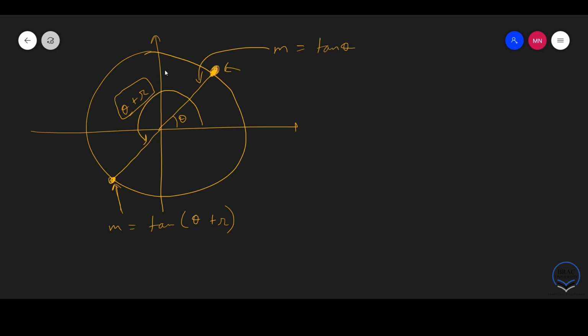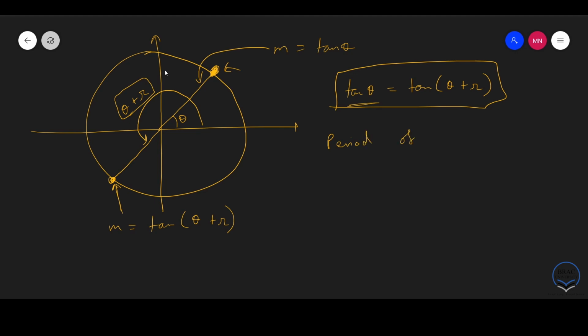So the terminal points of these two angles that differ by pi will have the same tangents, right? So from this we can determine that since the tangent of theta is equal to the tangent of theta plus pi, for all values of theta for which tangent of theta is defined, the period of the tangent is also pi. So the period of the tangent is pi.